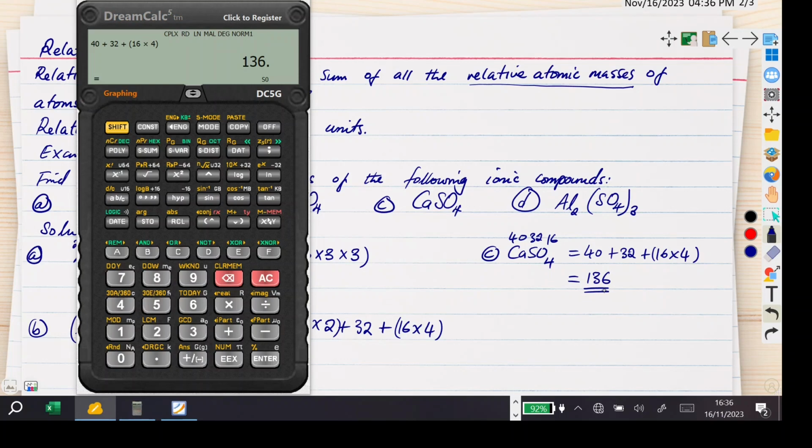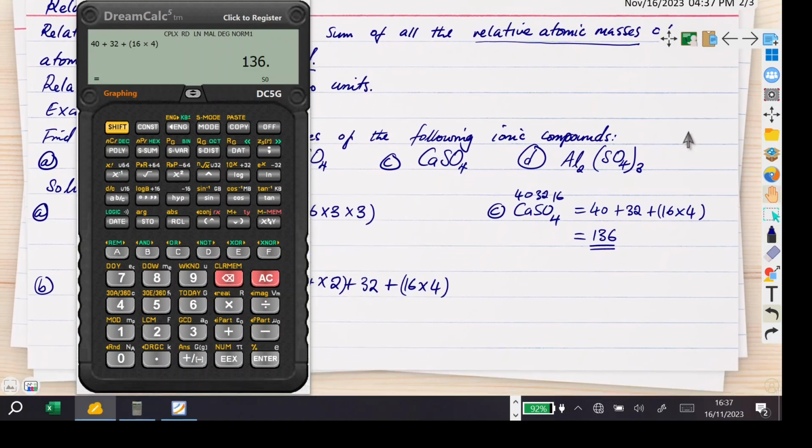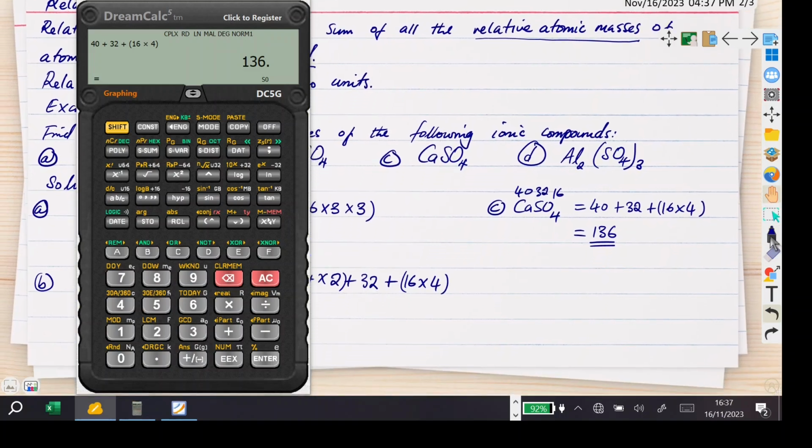Then we come to D. We have aluminium sulfate here. So let me just push this one a little bit down. So we have aluminium sulfate D, which is Al2(SO4)3. Aluminium has a relative atomic mass of 27, sulfur 32, oxygen 16.